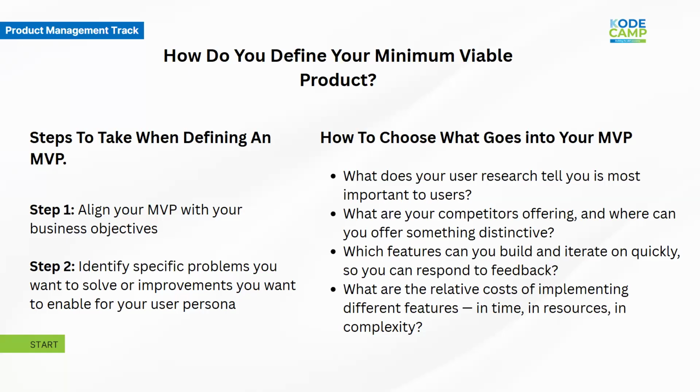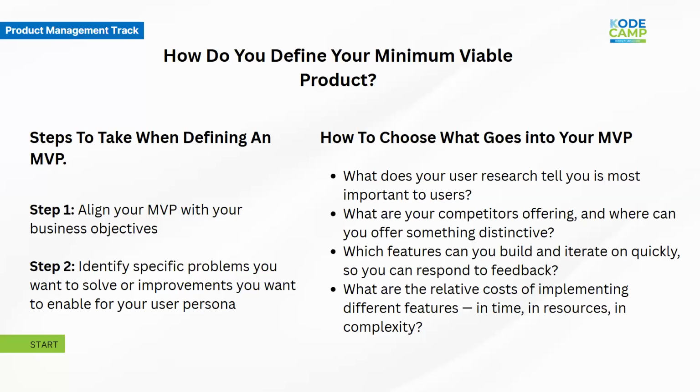Moving on to step 2: identify specific problems you want to solve or improvements you want to enable for your user persona. Once you are sure that your MVP idea fits the business's strategic goal, then you can start shifting your focus to your user, right?